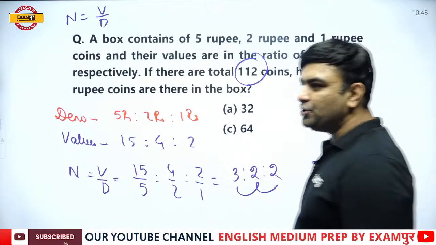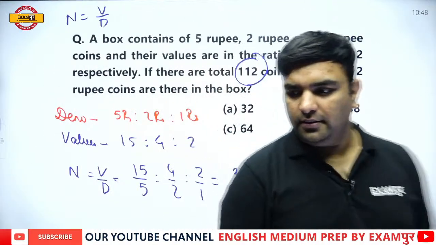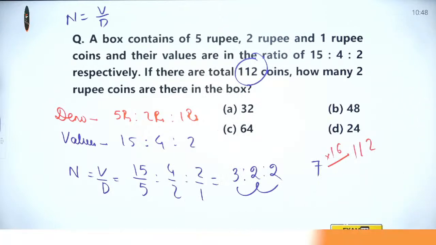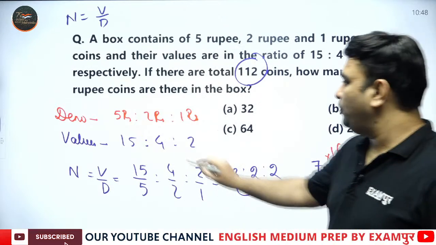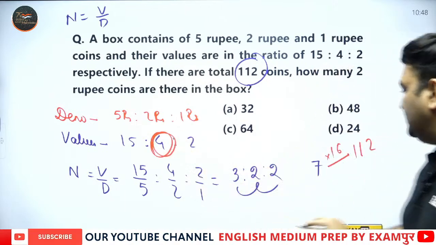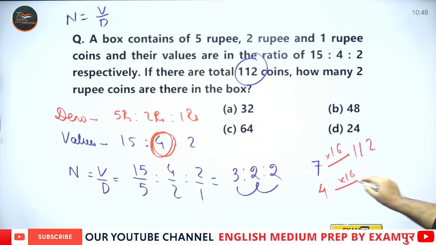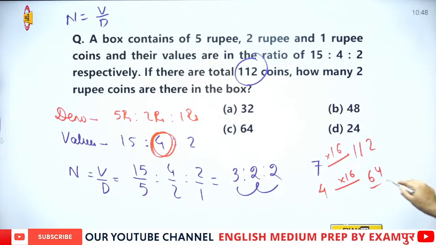So multiplication of 16. 2 rupee coins are 4. So 4 would be equal to 4 into 16. 64 is the answer.